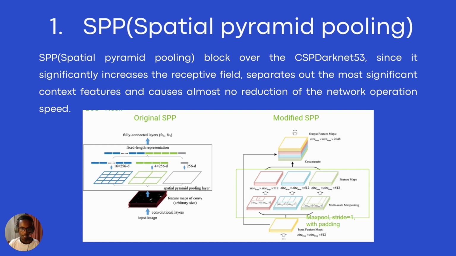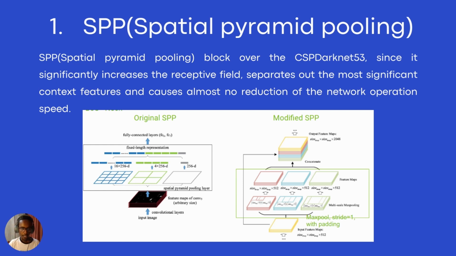So, for example, if you have a feature map extracted from an input image, and it has 256 channels, first, we need to divide that feature map spatial-wise into different bins, that is 4 by 4, 2 by 2, and 1 by 1. And then we use a pooling operation, such as max pooling, in order to select the maximum number from those bins or regions.